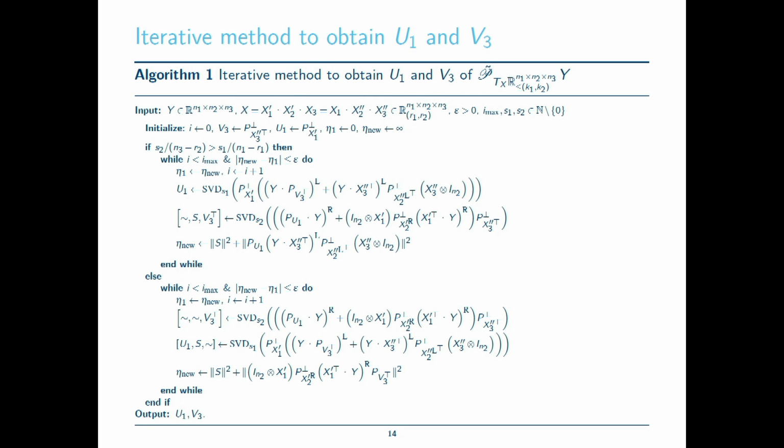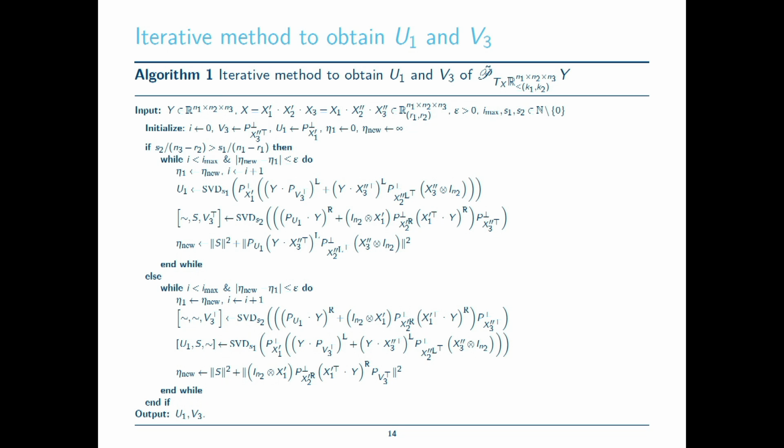So then the question is, how do we obtain U1 and V3? These are more difficult parameters, and we do this with a numerical iterative optimization method, which is based on the alternating least squares method, a well-known optimization method that always fixes all parameters except one and then optimizes the problem for this one parameter and does this iteratively.